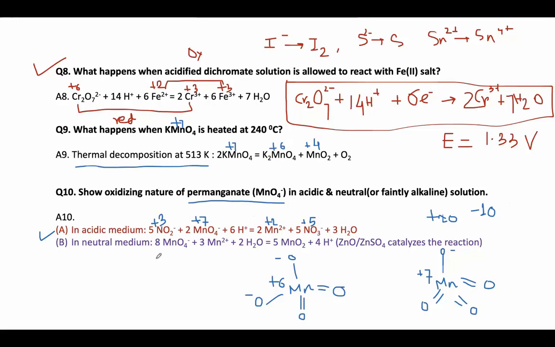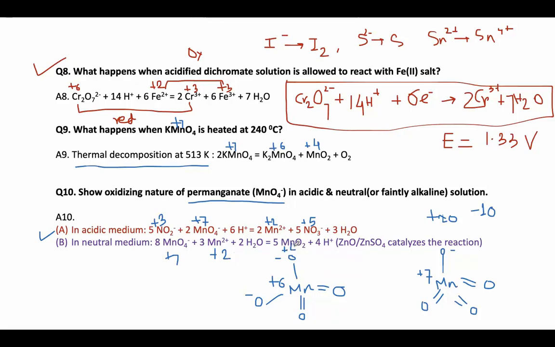And what happens in the neutral medium? In neutral medium, manganese 2 is oxidized to MnO2. Basically, this is a kind of comproportionation reaction. Here the manganese state is +7 and the other manganese is +2, and both go to the oxidation state of +4.